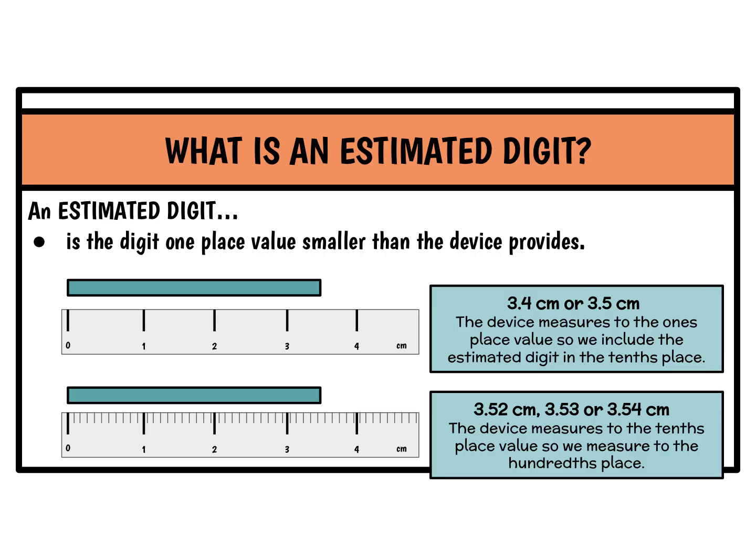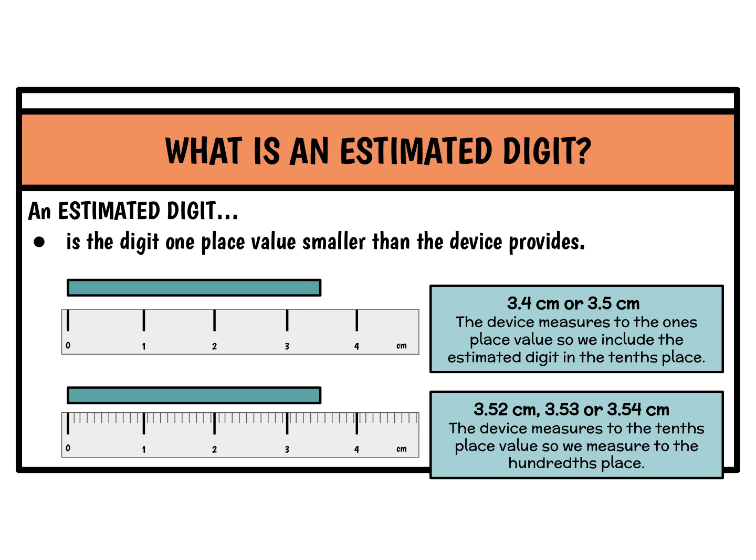When we look here, it goes to the ones place. One place value smaller than the ones place would be the tenths place. So the 3 is in the ones place and the 4 would be in that tenths place. If you and I were to write down two measurements, I might write 3.4 and you might write 3.5, okay?